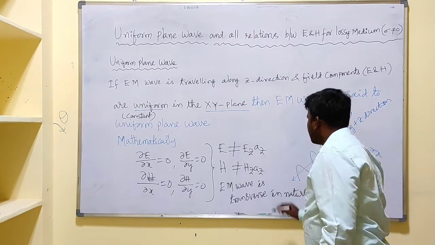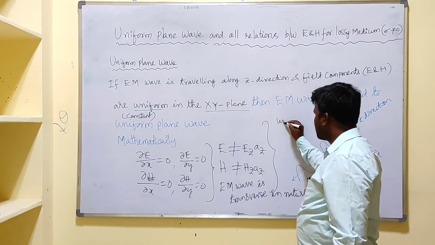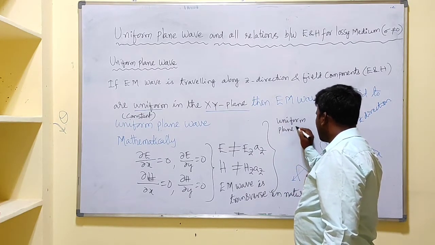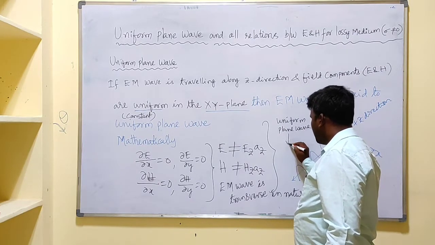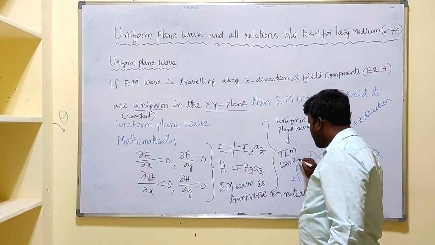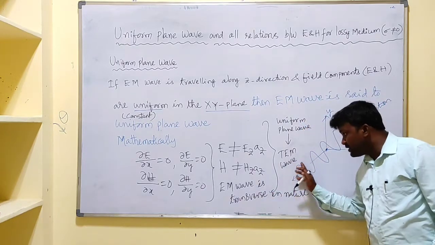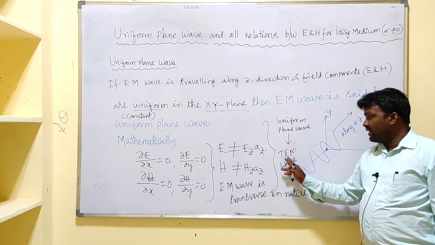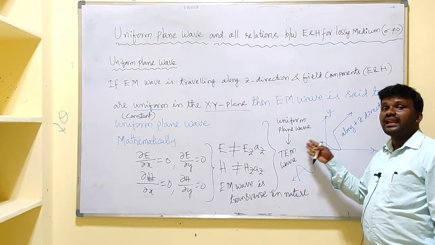Uniform plane wave is also called as TEM wave, that is a transverse electromagnetic wave. What is meant by transverse electromagnetic wave? If wave is traveling along z direction, then electric field and magnetic fields are not along z direction.